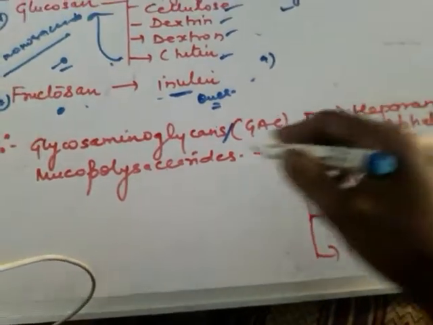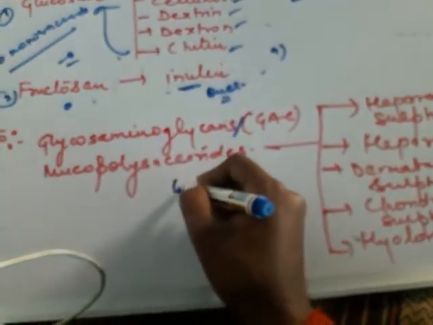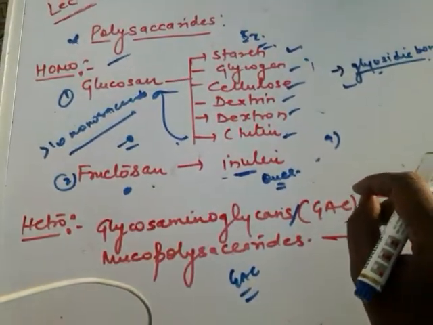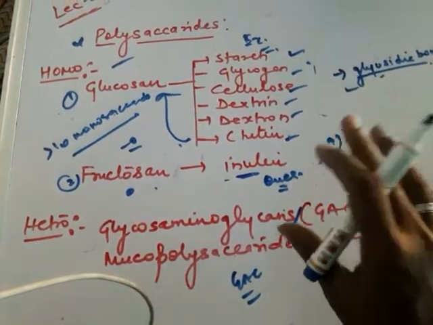These are the best examples of glycosaminoglycans, and you can also write them as GAGs. This is a very important point regarding carbohydrates, and it is how you classify polysaccharides.